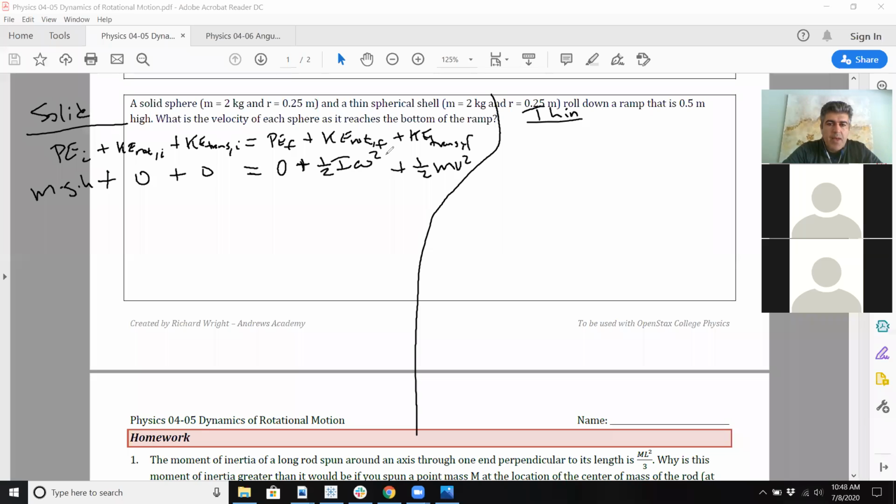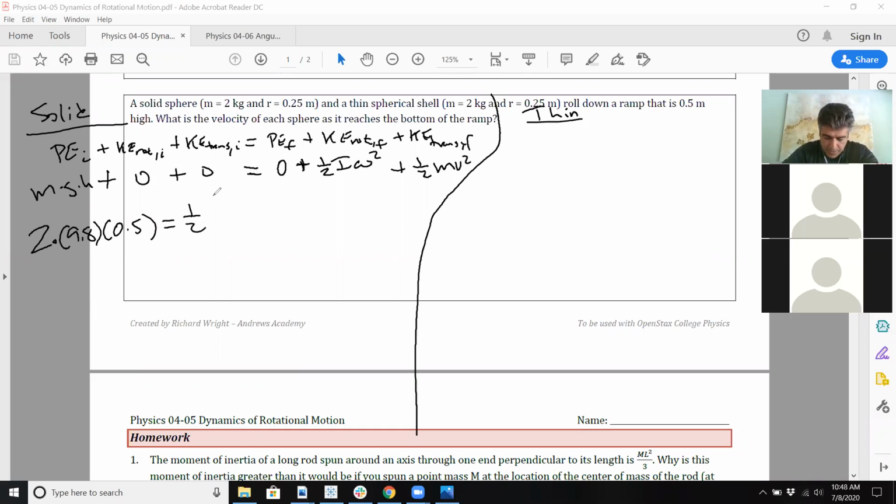Okay, now you have the mass, which is 2 kilograms, gravity, which is 9.8, and the height, which I know is 0.5 meters, equals 1/2.